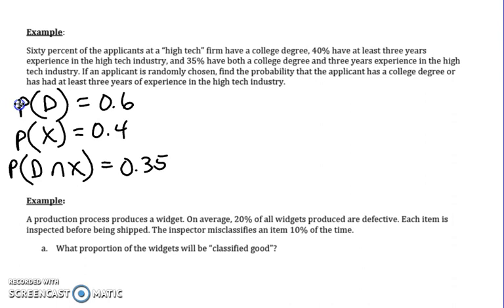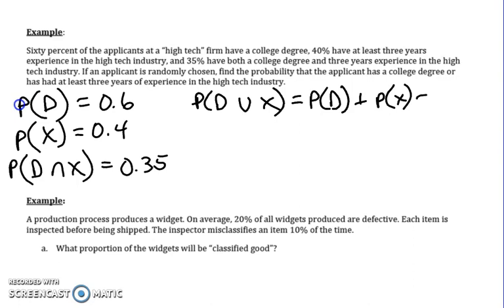So, the probability that they have a degree or experience is equal to the probability that they have a degree plus the probability that they have experience minus the probability that they have a degree and experience.